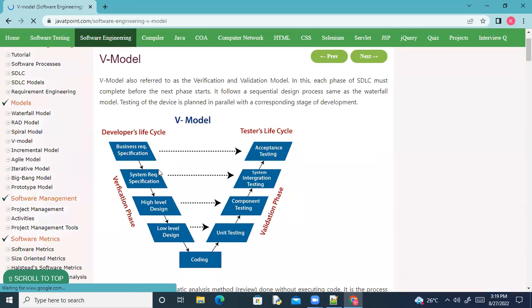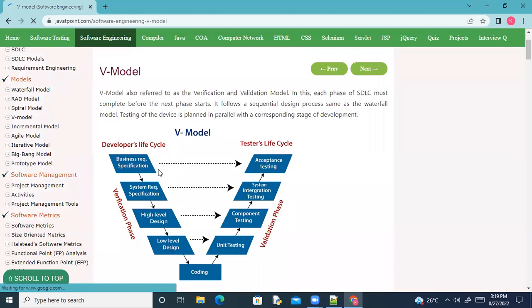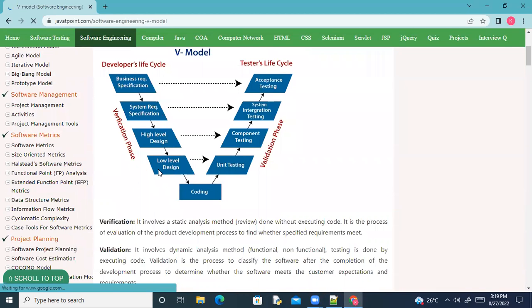This is the diagram. In the development life cycle, that is the verification phase, and in the testers' life cycle, that is the validation phase. You can see both here.